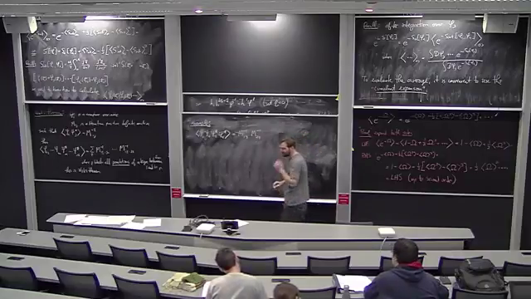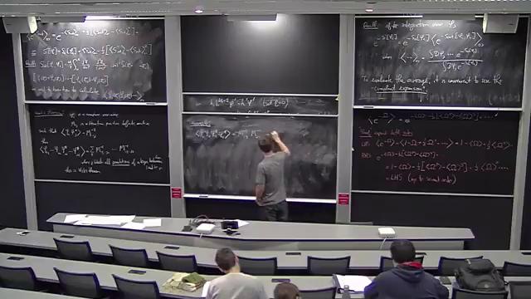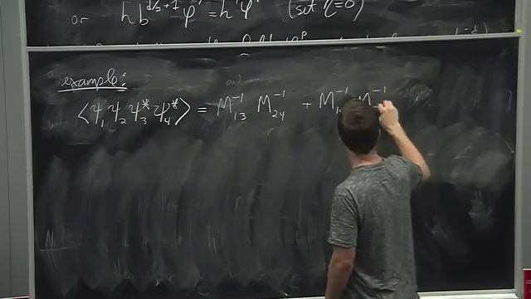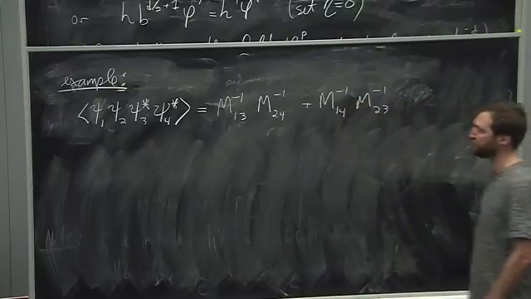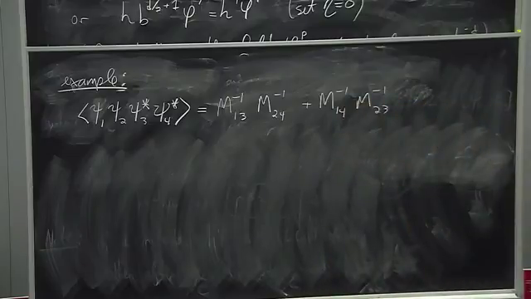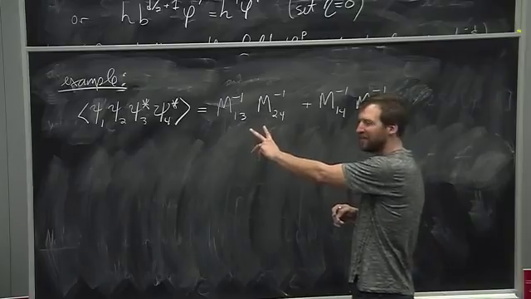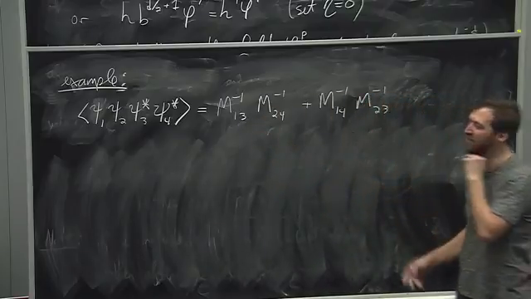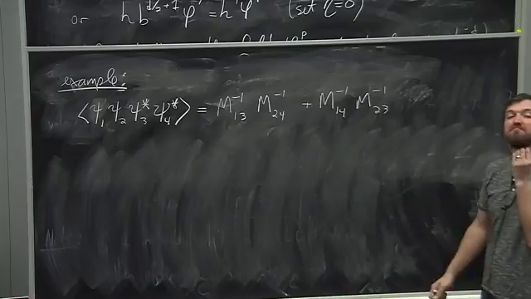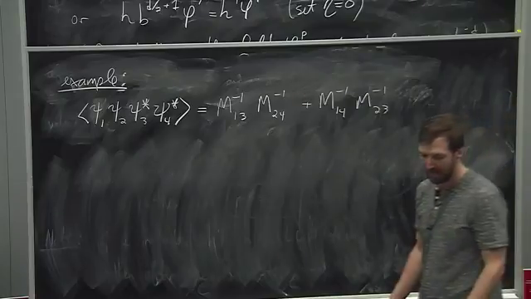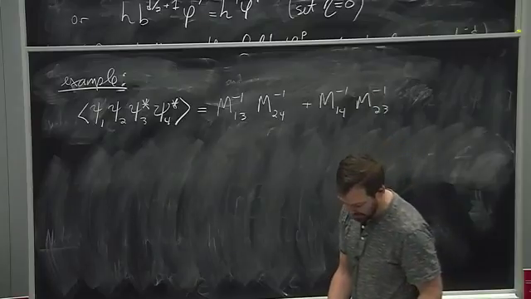But there's another one, 1, 4, and 2, 3. So it takes a 4-point function and makes it the product of two 2-point functions in 2 different ways. And that's the sum over P. Okay. So that's what we're going to do.